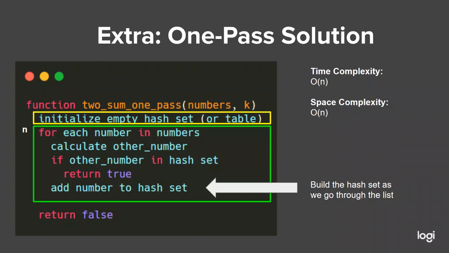And if it's not met, we simply add the number that we have to the hash set and move on. And now we have a better solution where the time complexity is O of n and the space complexity is O of n. And this is the ideal solution that you will find online when you search for runnable code in your favorite programming language.